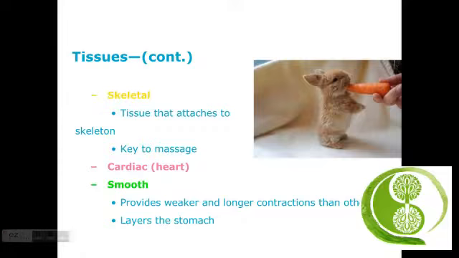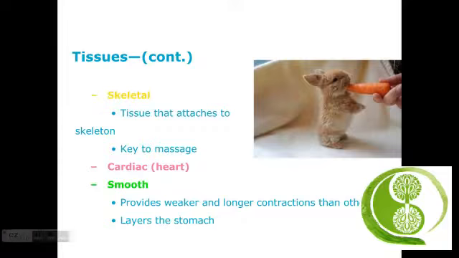The second type of muscle tissue is the cardiac muscle. And the cardiac muscle tissue is found only in the walls of the heart. It has a couple of different characteristics from the skeletal muscle tissue, and we'll talk about that on the next slide.